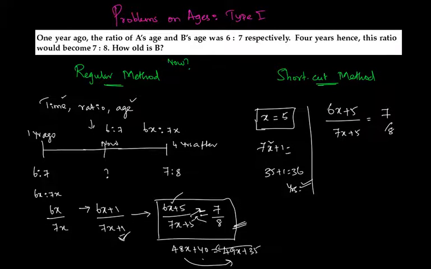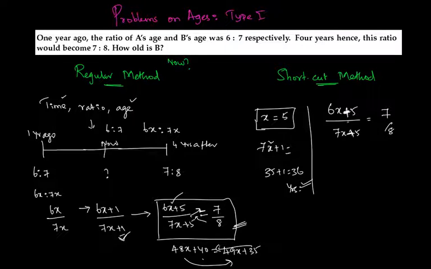So here we have to be mindful of certain things. If you have to use the shortcut method, the operation here, that is plus, and here also it must be plus. Okay, there can't be minus here and a plus there.